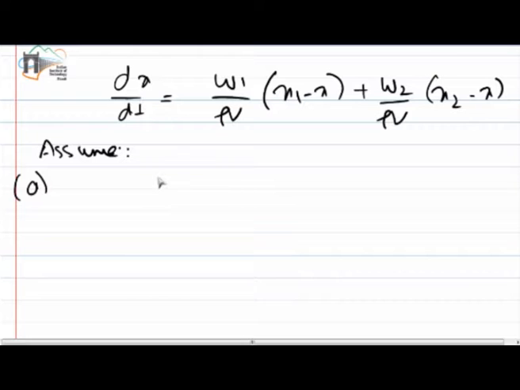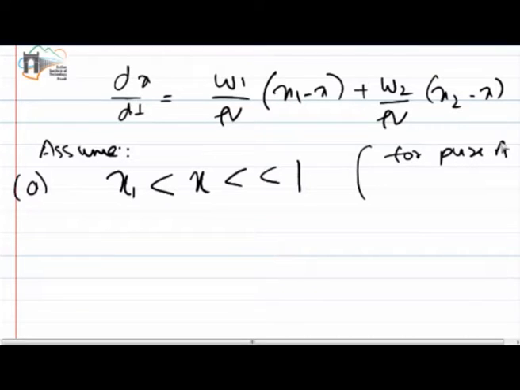Since x1 and x2 are mixing to give the x, based on this assumption, we will have x1 less than x, which is much less than 1. If we have a pure A, in that sense, for pure A, I would have x equal to 1. Okay.